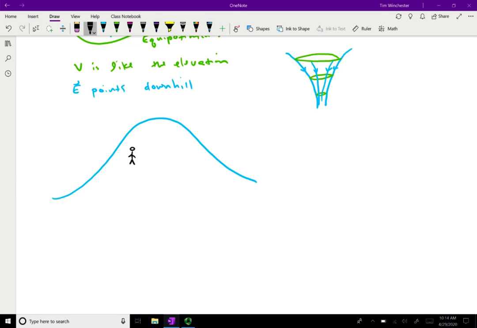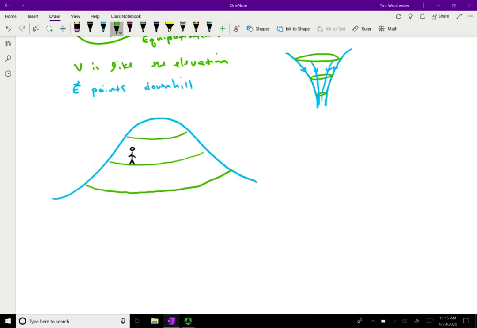As you look around you, what you will find is that there's some direction where you can walk along this hill without the elevation changing. So there's some perfectly horizontal line that you can follow without going uphill or downhill. That would be true at any point on the hill. So there's some line of constant elevation at each of these different spots.